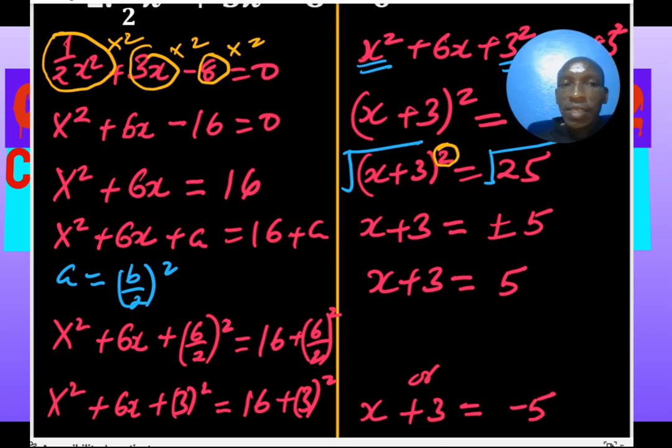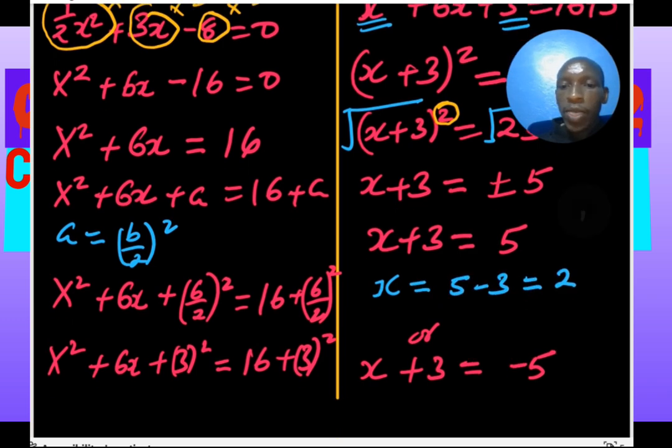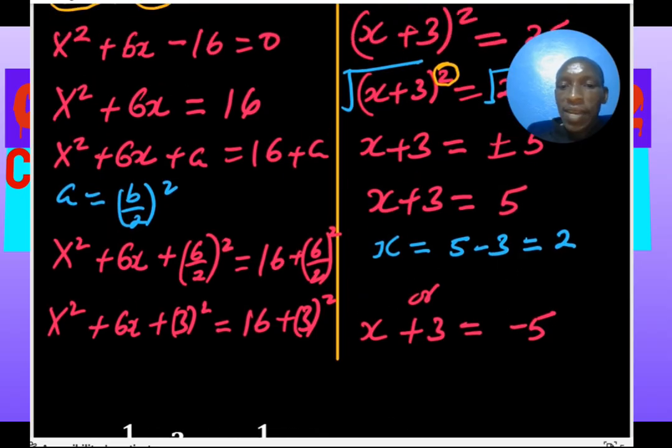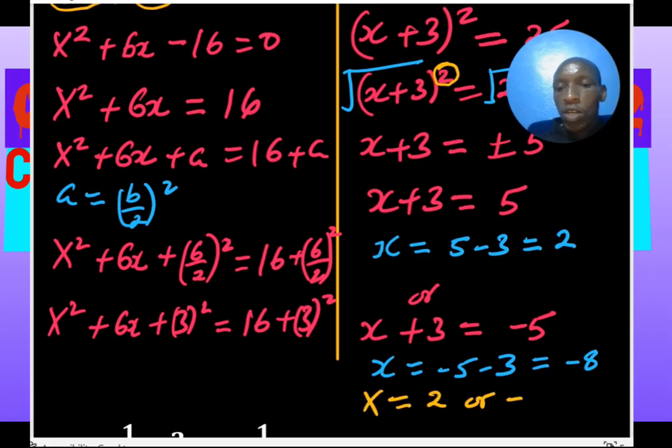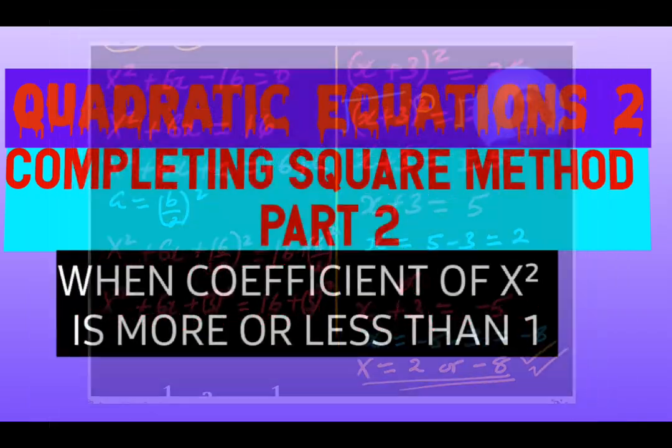If x plus 3 is equal to 5, then x is equal to 5 minus 3, which is 2. If x plus 3 is equal to negative 5, then x is equal to negative 5 minus 3, which is negative 8. Therefore, the final answer: x is equal to 2 or negative 8. This becomes the final solution.